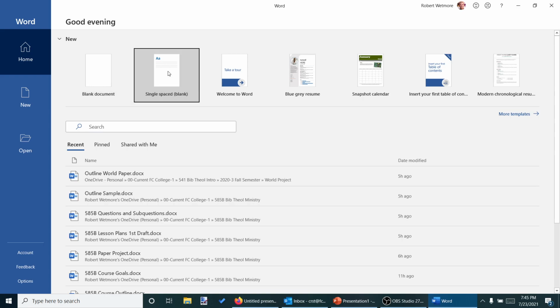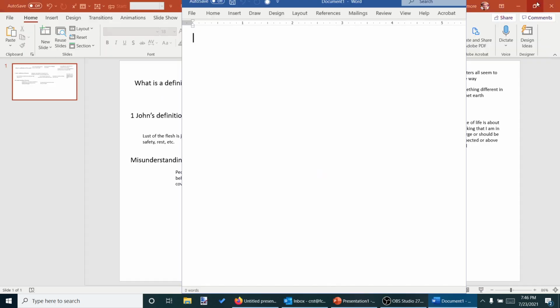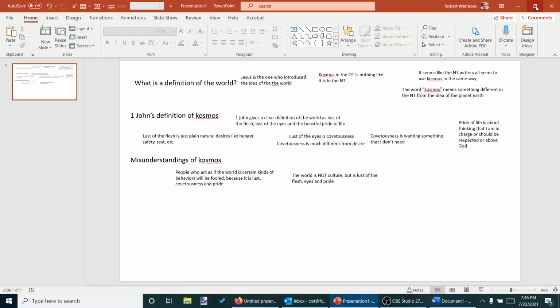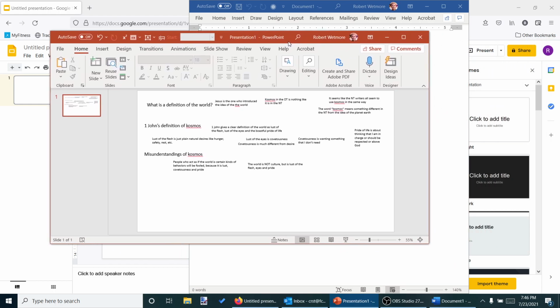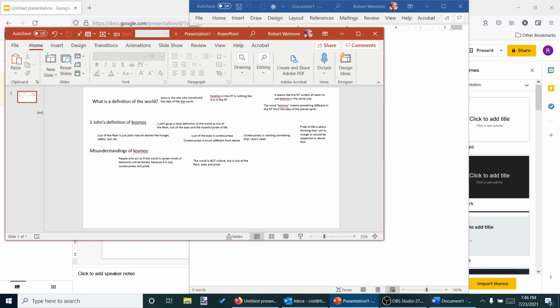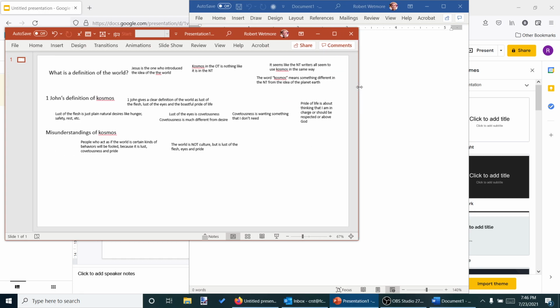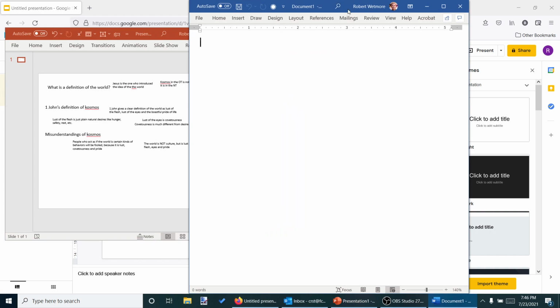Blank document, single spaced. Pull it up. It's way too big. This is way too big. It's hard to move these things when they're like this. All right, do that. Give yourself some more space. Get rid of that. Make this smaller. And start writing.